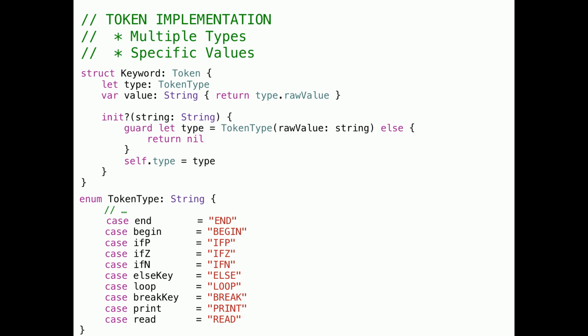And we use that string to try to create a token type with that string as the raw value. And if that succeeds, then we know that we must be dealing with a keyword, right? It worked. And if it fails, there's really not much that we can do here, because the string that you've given us simply doesn't represent a keyword in the Bitsy language. So we use a failable initializer, and in that case, we return nil.